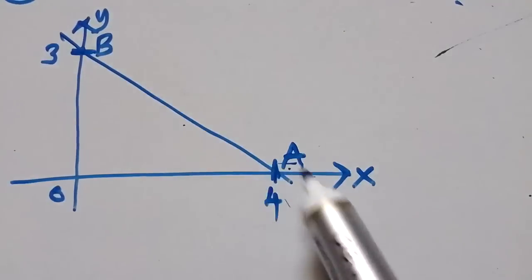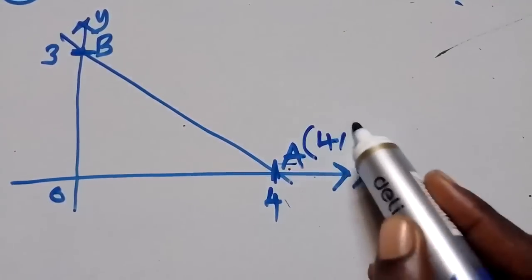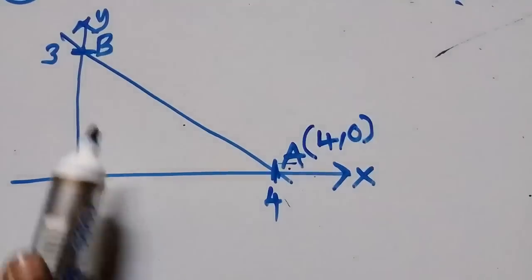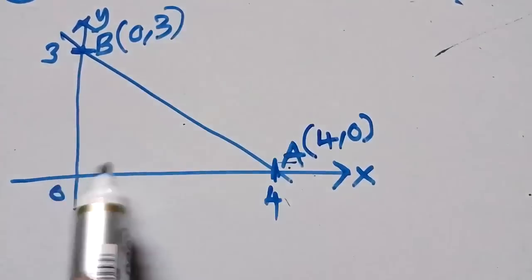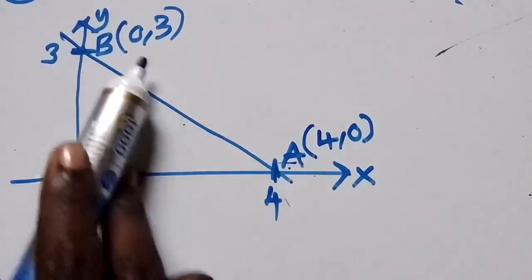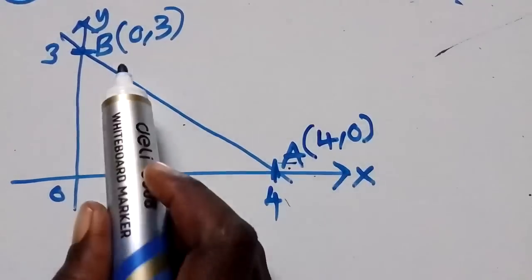You know that you get a coordinate. A coordinate which is at A is 4, 0. But a coordinate which is at B is 0, 3. So you cannot fail to find the distance here with the formula that I've given you. With that formula, let's say x1, y1, x2, y2.